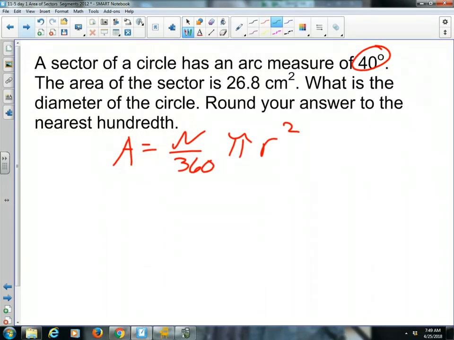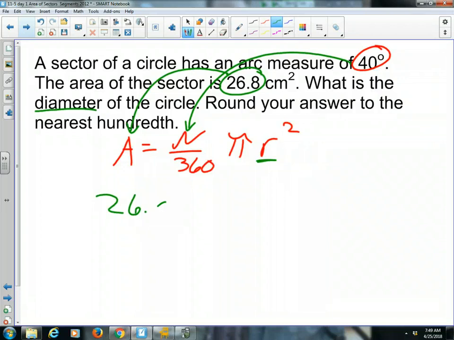The problem is telling us what n is, 40 degrees, that's the measure of our central angle. And it tells us what the area is, 26.8. Now we can find the radius, and after we find the radius, we can double it to get our answer of the diameter.